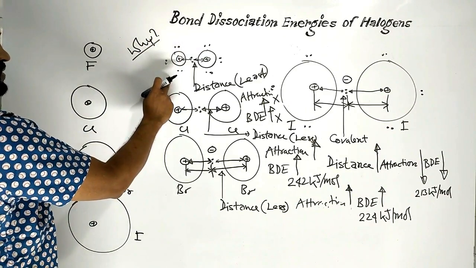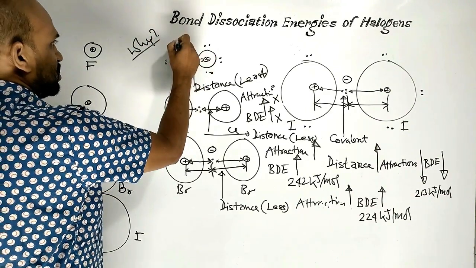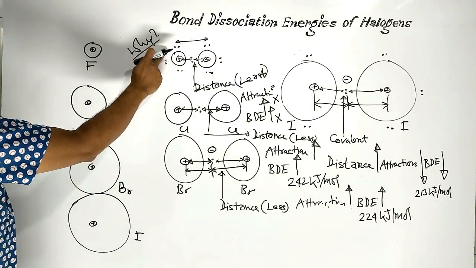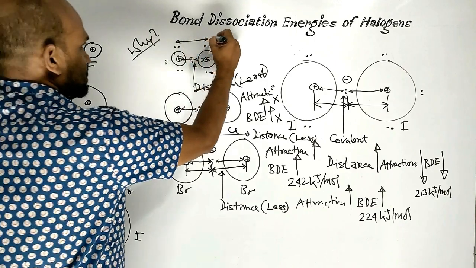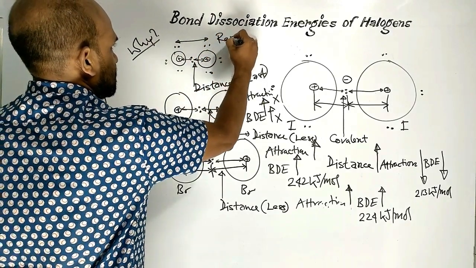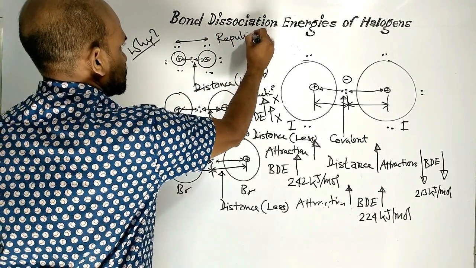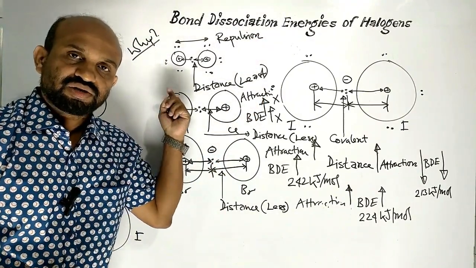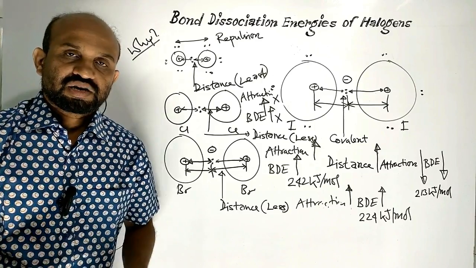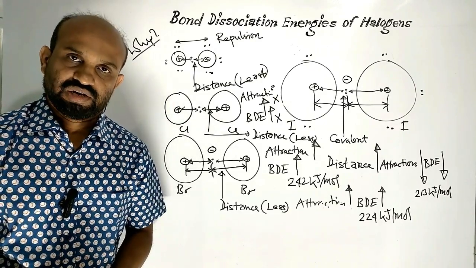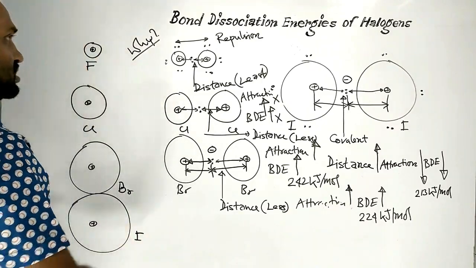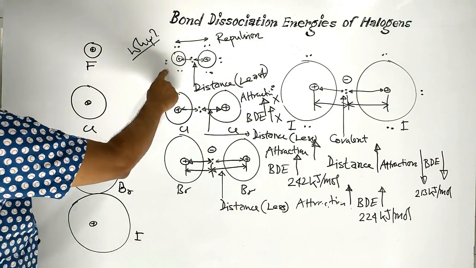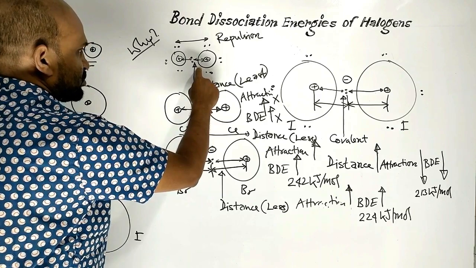In this case, lone pairs of electrons come closer, and here repulsion increases. In this case, repulsion dominates the attraction force between the two nuclei. That is, repulsion becomes dominating over attraction.